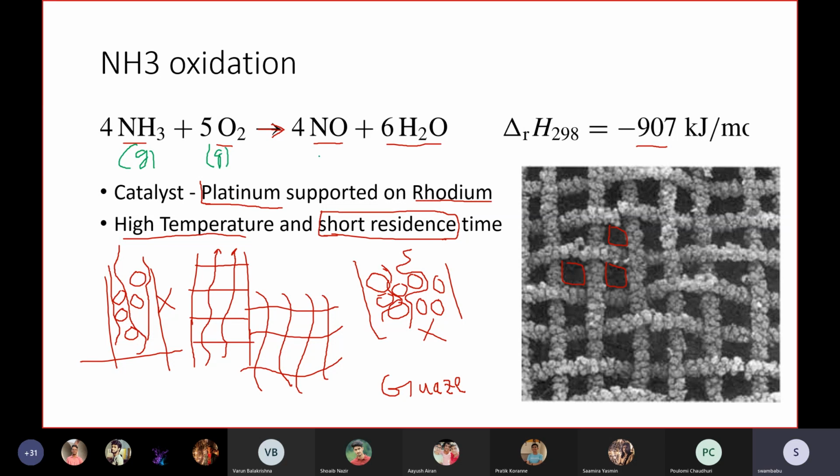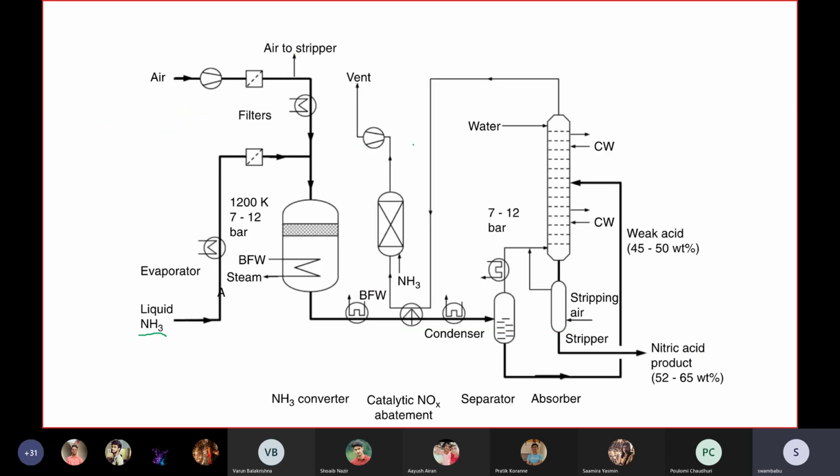Then we get nitric oxide in the gas state, and water vapor will also come. The liquid ammonia has come from the ammonia plant, and it all goes to the evaporator because we want to convert it to the gaseous form of ammonia. It goes to a simple evaporator where the liquid is converted to vapor or gas.